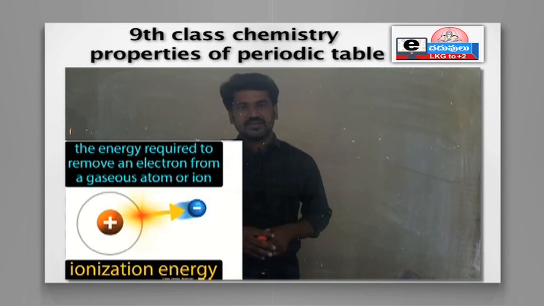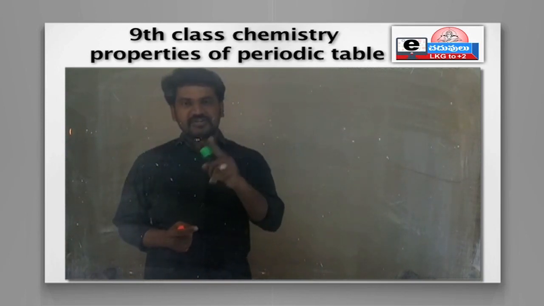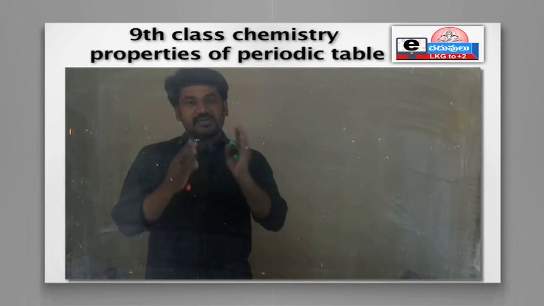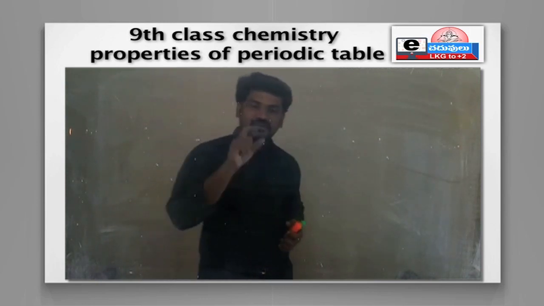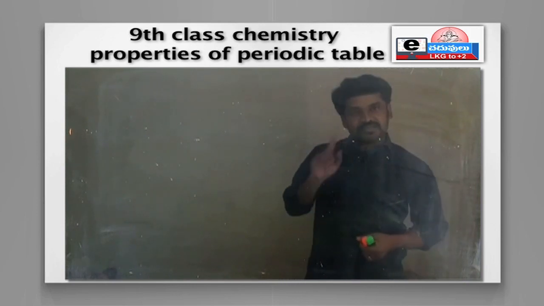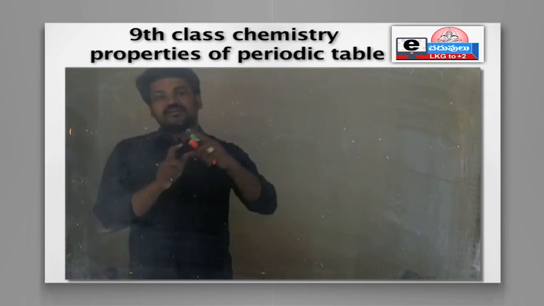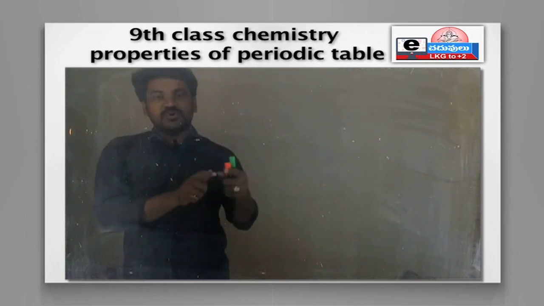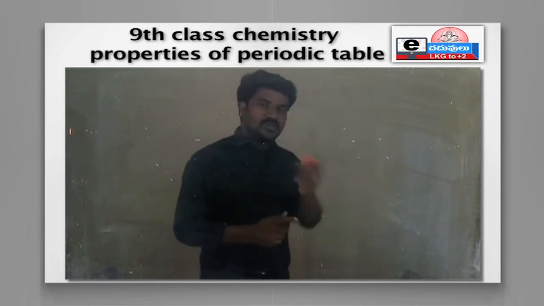As you go through the successive ionization energies, 1, 2, 3, the ionization energy increases. Generally, the first ionization energy will be less, then the second will be somewhat more, then the third somewhat more than the first and second.